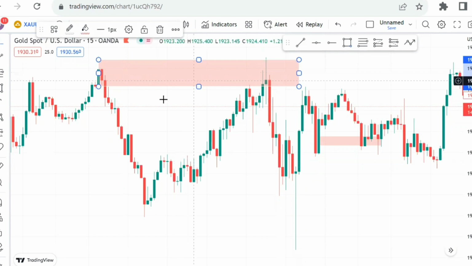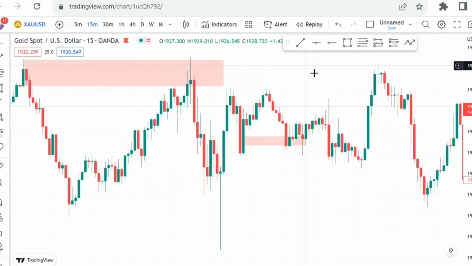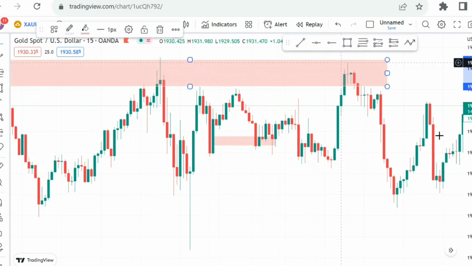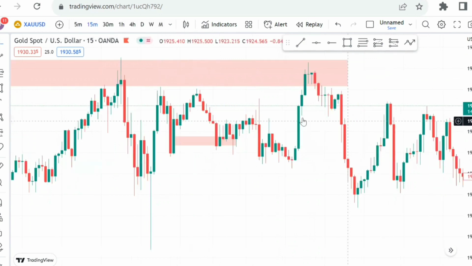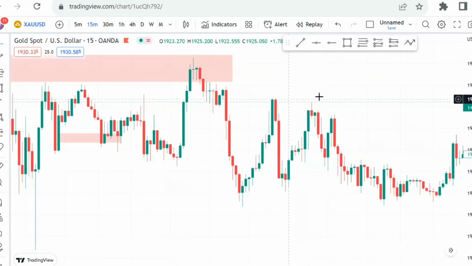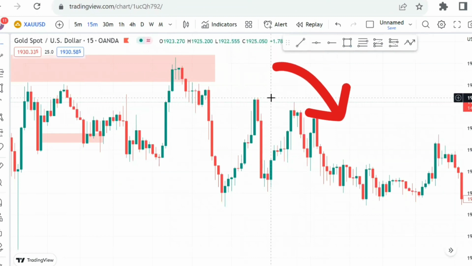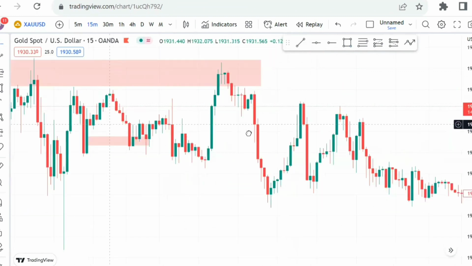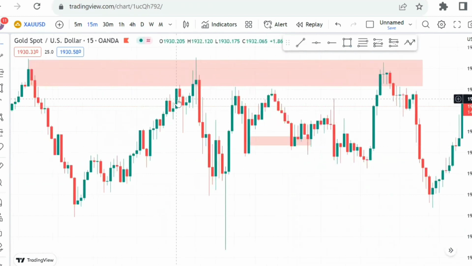As you can see, price literally reversed back here, touched this zone, came back right here again, touched this zone, then went down. It is a clean supply movement. So that is basically how I draw my first supply and demand zones.